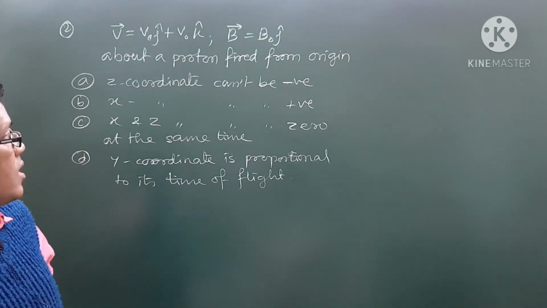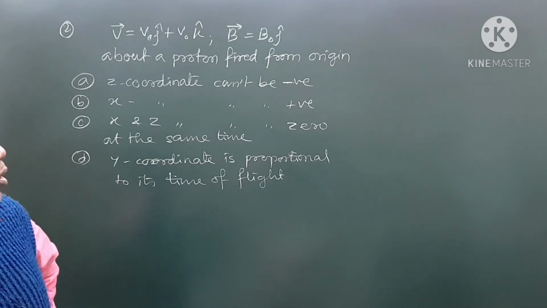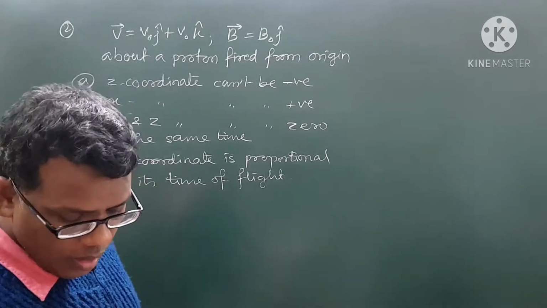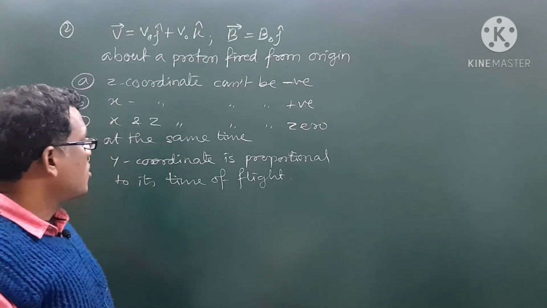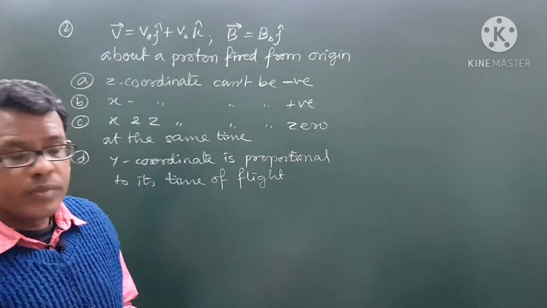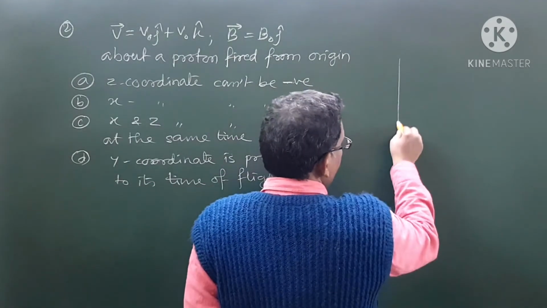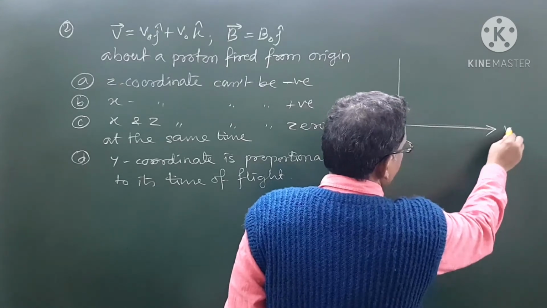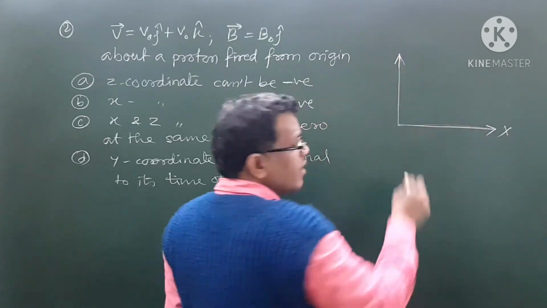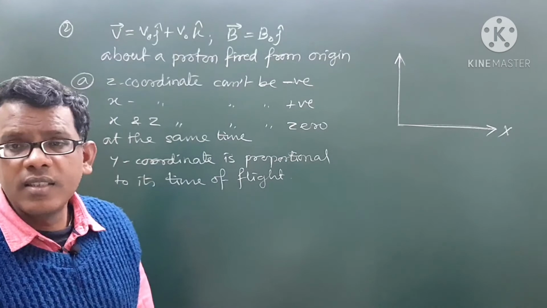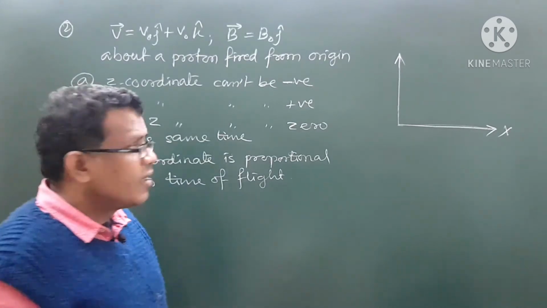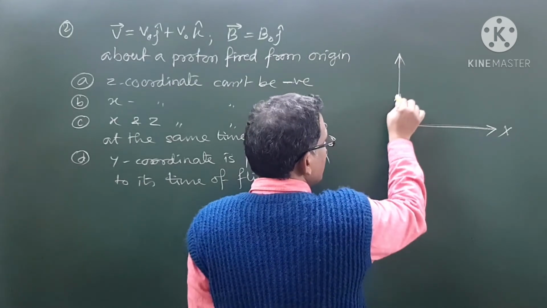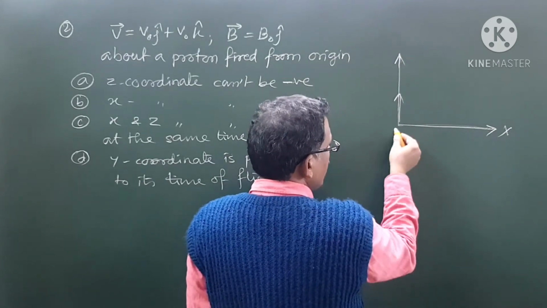But now the question arises, why can't its x be positive? How can you say that its x coordinate can't be positive? If this is considered to be x, the velocity components will be one along the y axis, and another outward.